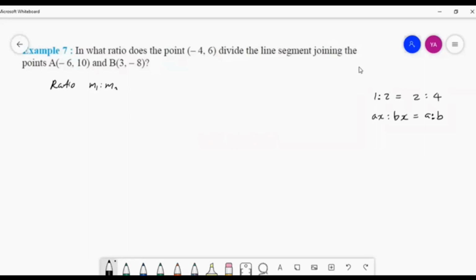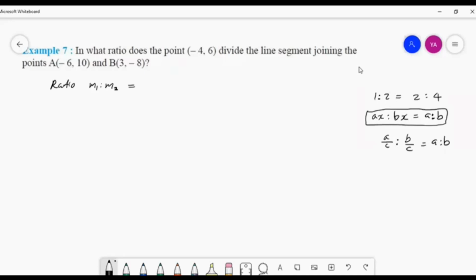So we'll adjust this m1 is to m2. You can also write this relation if you divide both sides by the same number: the ratio will be unchanged. You can write a by c is to b by c is equal to a is to b.